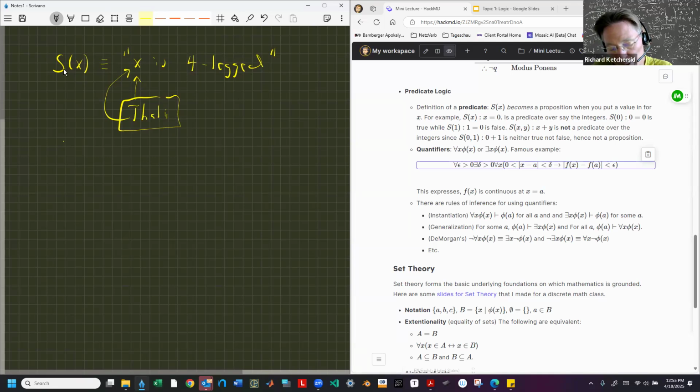Now, one thing about this kind of structure is we need to have some sort of domain over which X is ranging. That's a basic thing when we're doing predicate logic.